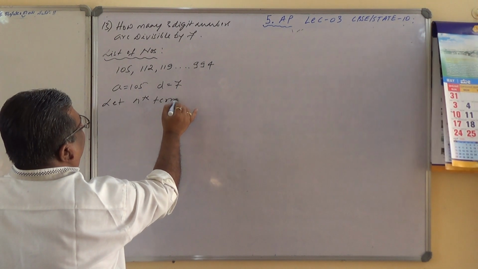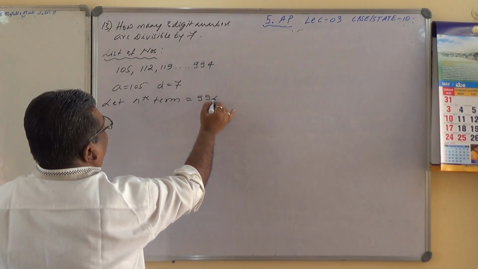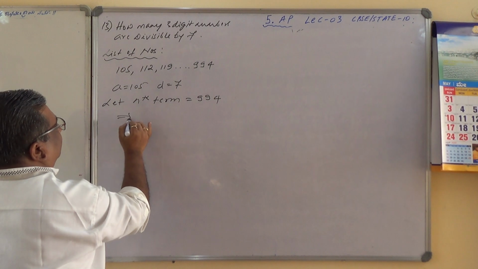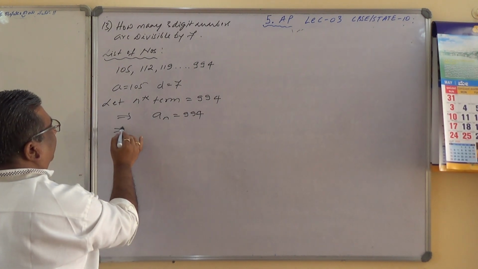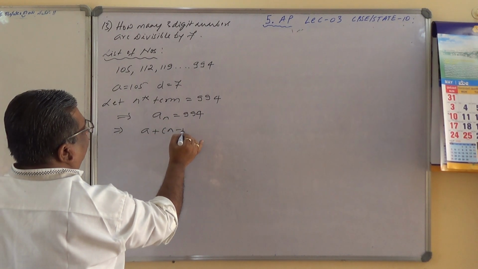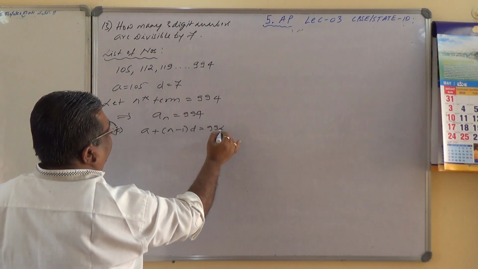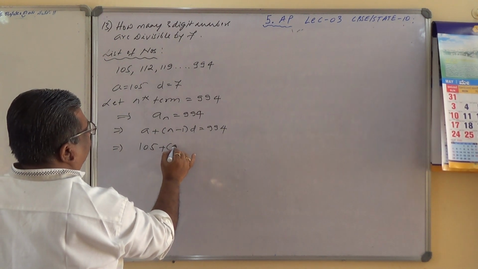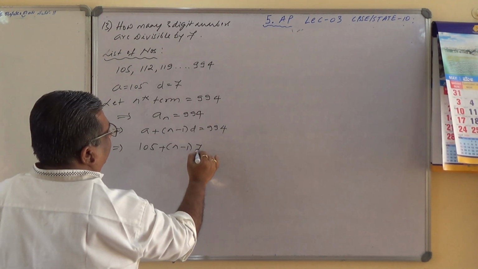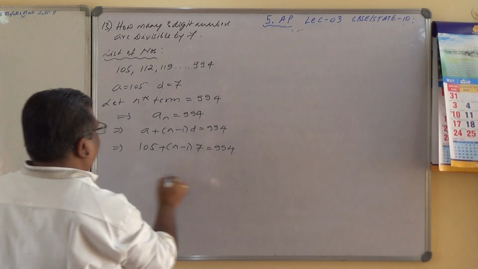So let the nth term equal 994. That implies an equals 994, which implies a plus (n minus 1) into d equals 994. What is a here? 105 plus (n minus 1) times 7 equals 994.